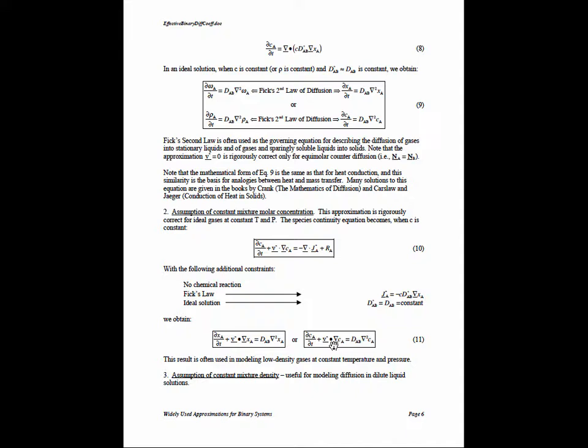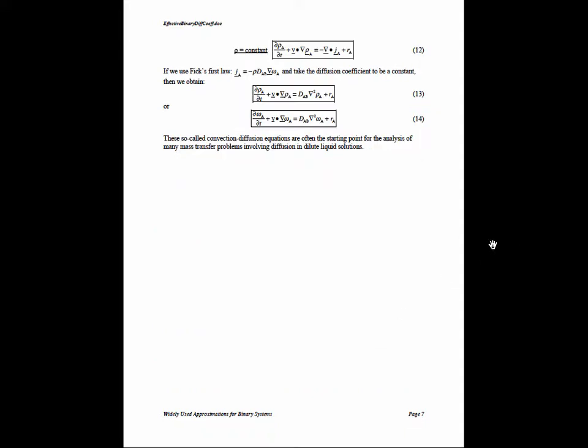This will be the starting point for us for solving problems where you have mass transport driven by both convection as well as diffusion. This is the final form of the convection diffusion equations, often the starting point for solving practical problems in this area.